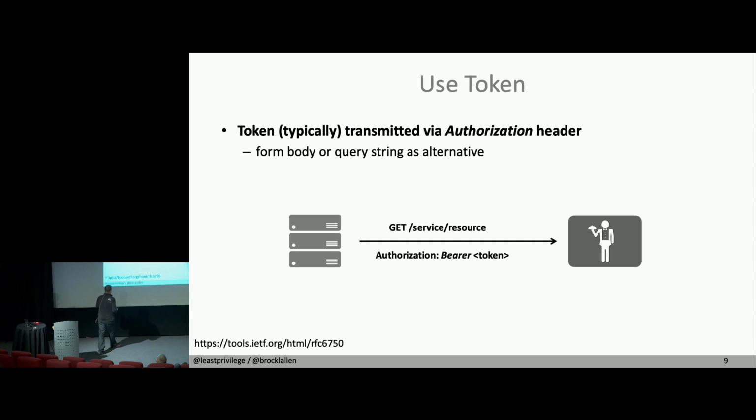There's actually an extra spec that talks about how you should transmit tokens, and that's RFC 6750. They also describe alternative means of transmitting this token. They talk about query strings and body payload data. These are all alternatives if you can't always use the authorization header. Okay.